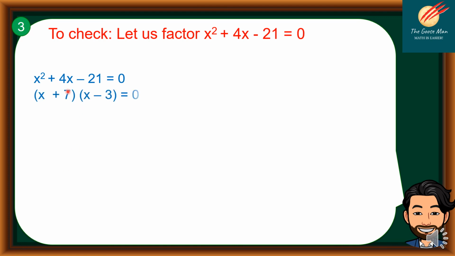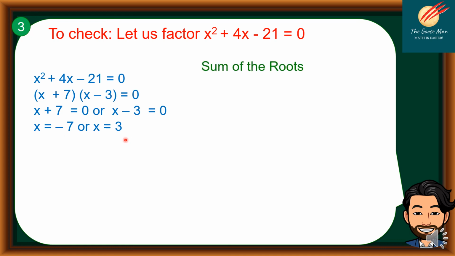The factors are actually 7 and negative 3. Therefore, the factors are x plus 7 times x minus 3 is equal to 0. So x plus 7 is equal to 0, or x minus 3 equals 0. Or we can say that x is equal to negative 7, or x is equal to 3.